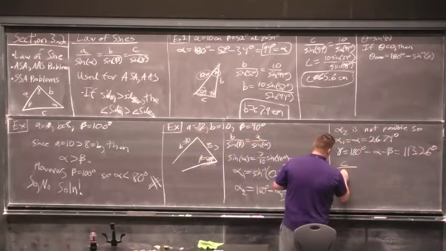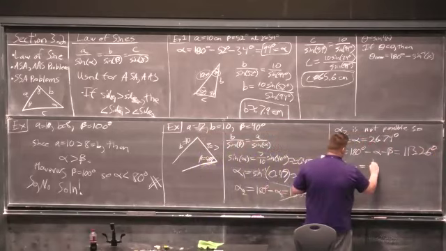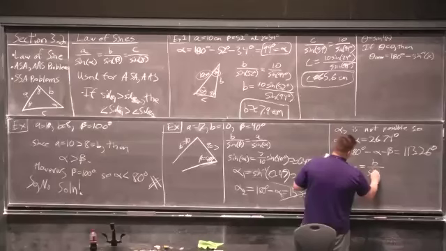C divided by sine of gamma is equal to B over sine of beta.